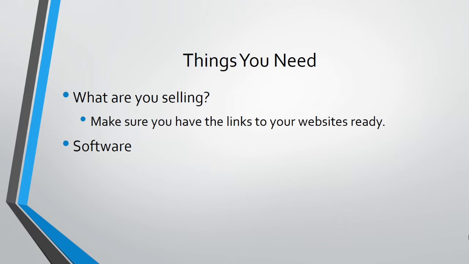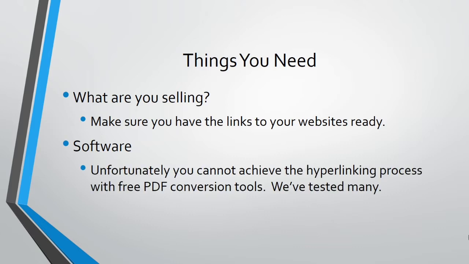But I just want to make sure that you are aware that unfortunately, you cannot achieve the hyperlinking process with a lot of the PDF conversion tools that are free. A lot of them will do things like add watermarks to your PDFs, and you don't want that. You want to have your own brand on your PDF. Now, we are going to be using 2 pieces of software.